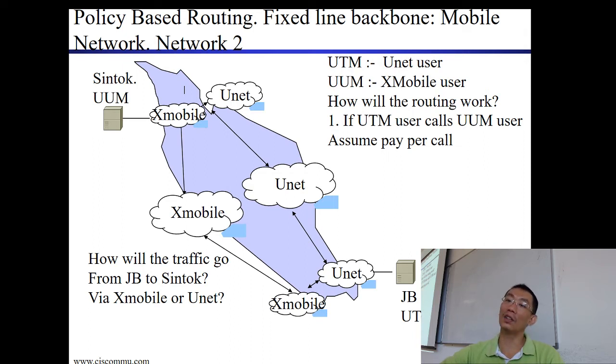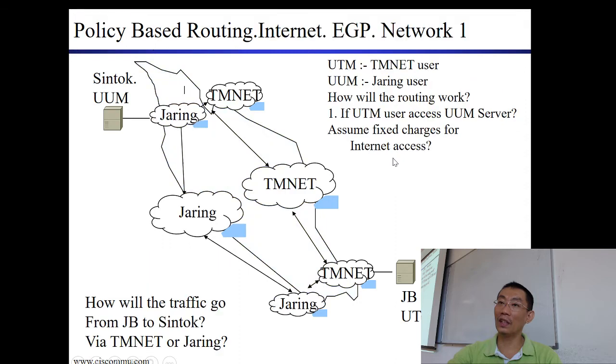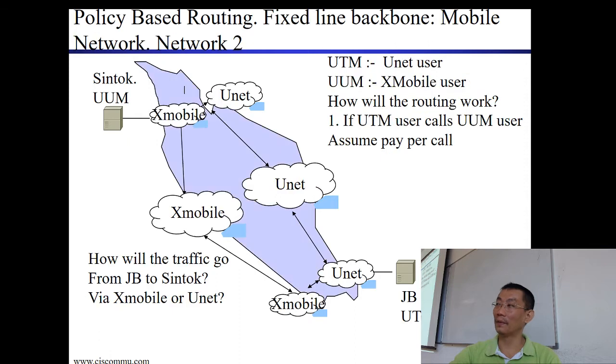This is an important concept. Which one do you think? This one is pay per call, and this one is fixed charges. So in this case, you are UNet. Would you carry it all the way to here, or just drop it here? Drop it there. Why?